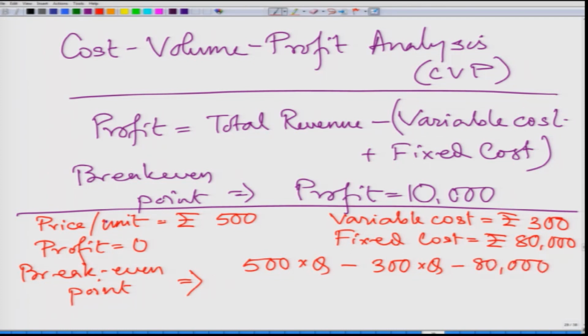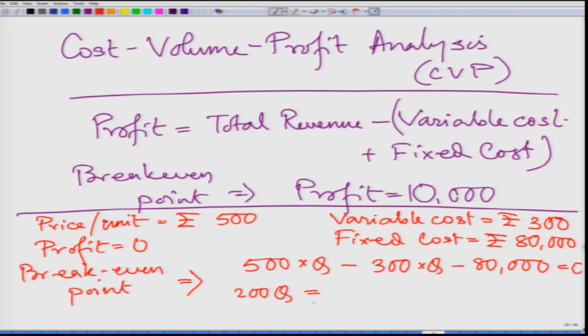This is not associated with production, right? So whatever the production is, Q equal to 0, 1, 2, 3, 4, 5,000, it remains 80,000, and all this should equate to 0 because I am trying to find my break-even point. So 500Q minus 300Q gives me 200Q minus 80,000 equals 0.